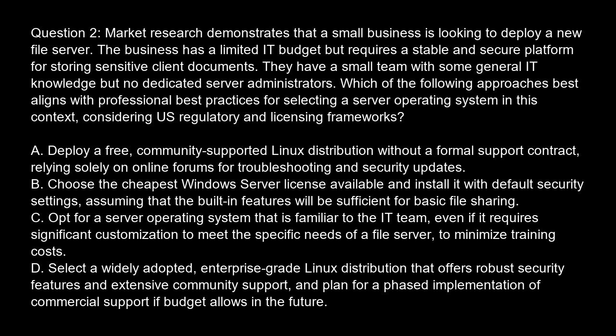Option C. Opt for a server operating system that is familiar to the IT team, even if it requires significant customization to meet the specific needs of a file server, to minimize training costs. Option D. Select a widely adopted enterprise-grade Linux distribution that offers robust security features and extensive community support, and plan for a phased implementation of commercial support if budget allows in the future.